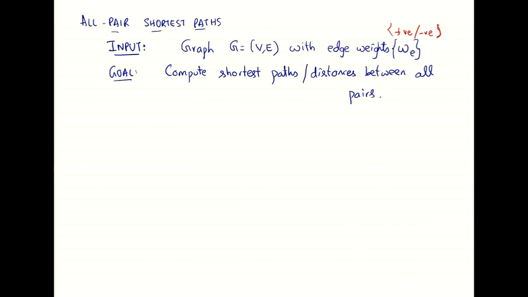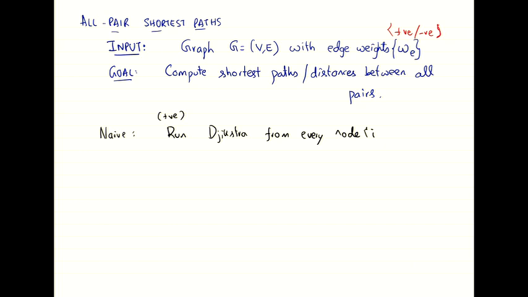What is a naive strategy? It would be to run Dijkstra, assuming you have positive edge weights. Even if you had positive edge weights, you could run Dijkstra from every node, starting from every node i.